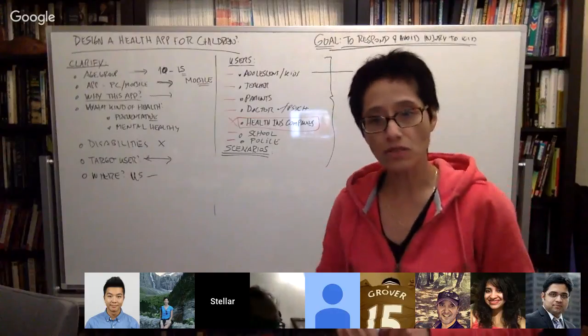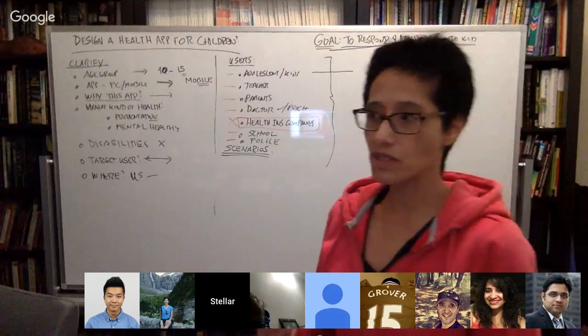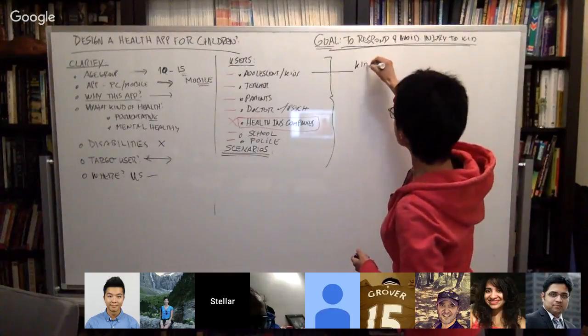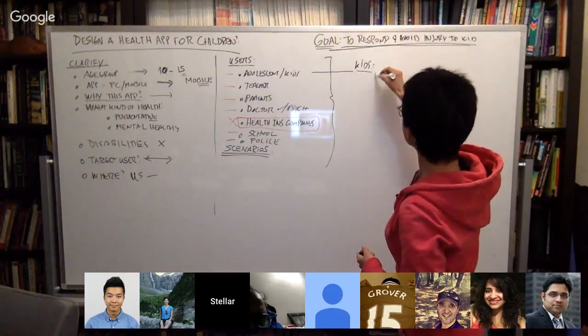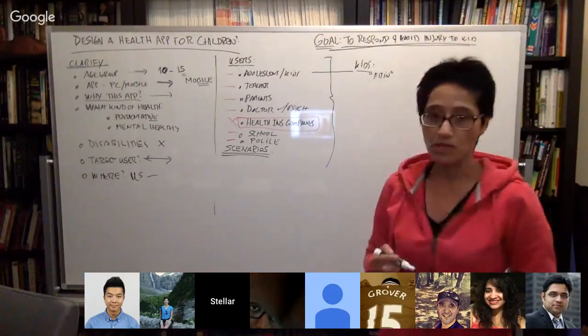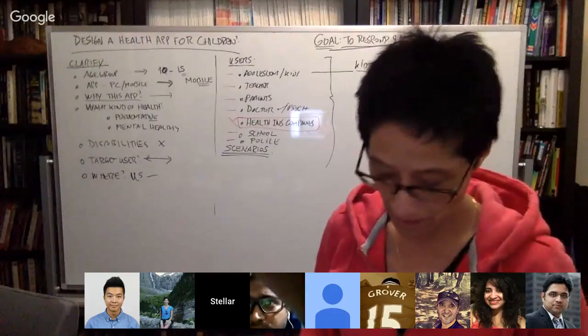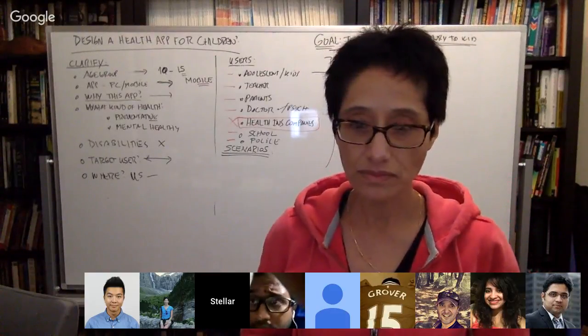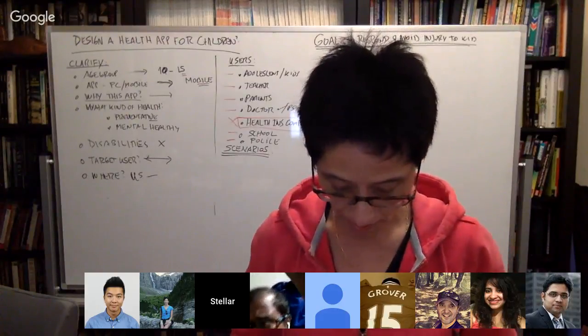So let's think in those terms, because that's going to lead us to think about what situations they may run into. So for kids, I would say there's the kid that wants to fit in and will cave into peer pressure. Any other kind of segmentation that you might think of?